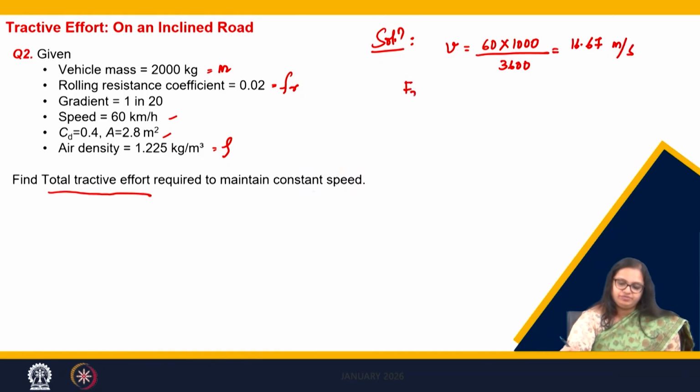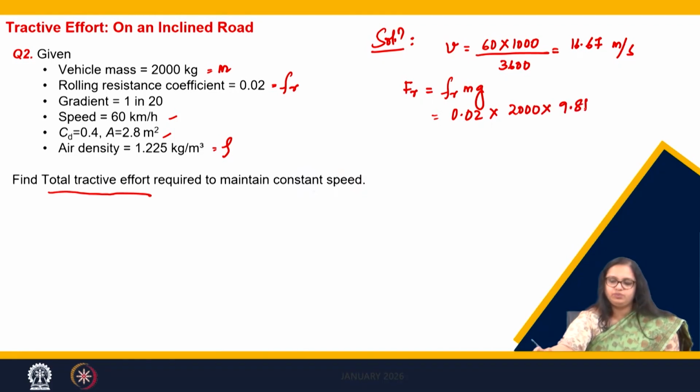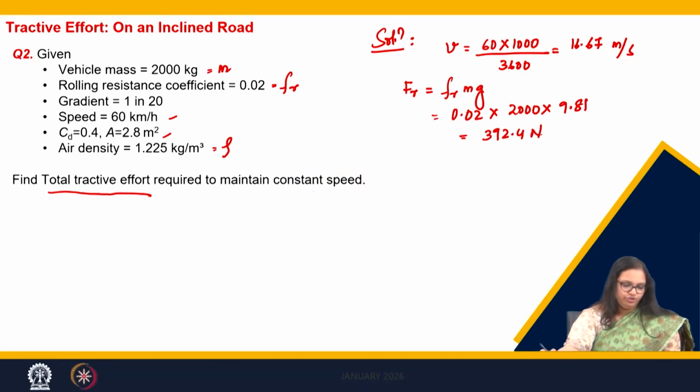Now, the rolling resistance Fr is the coefficient multiplied with mg, which is equal to 0.02 multiplied with 2000 multiplied with 9.81, which is equal to 392.4 Newton.